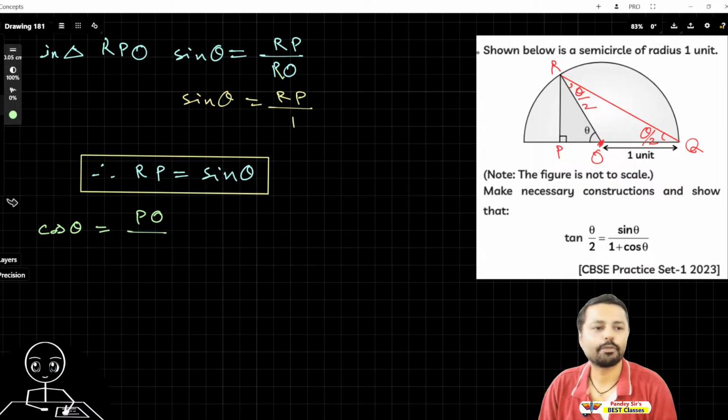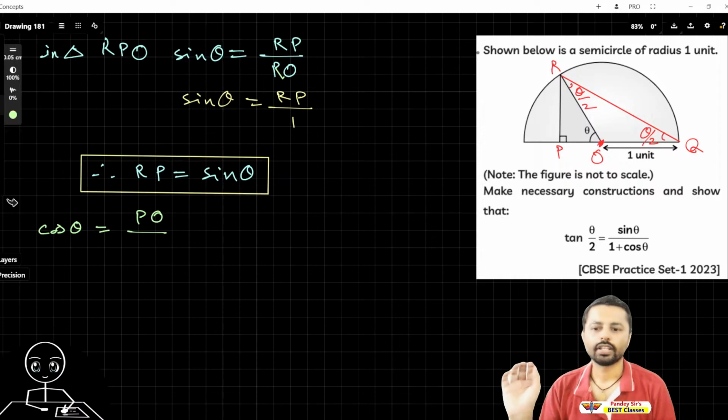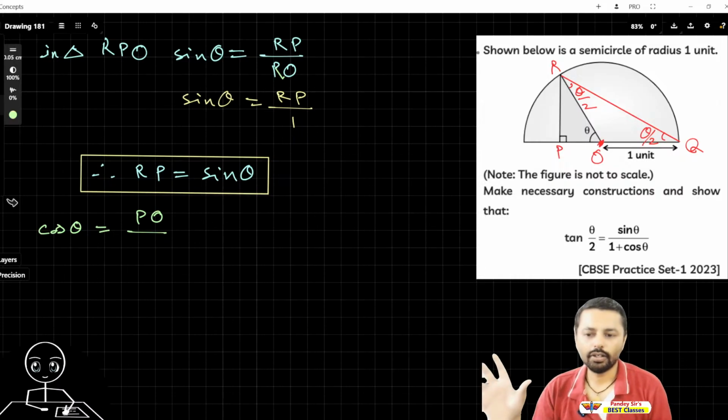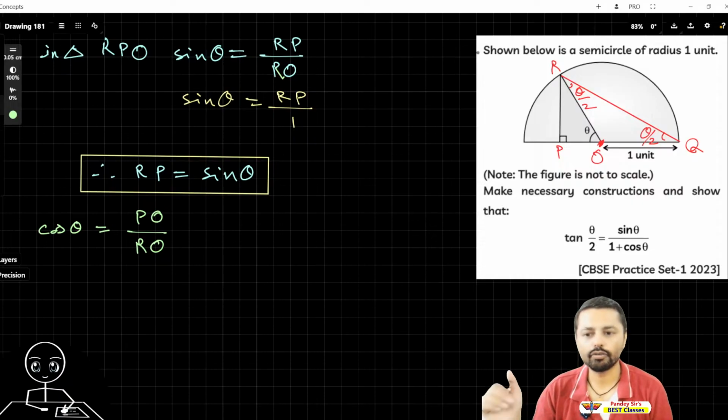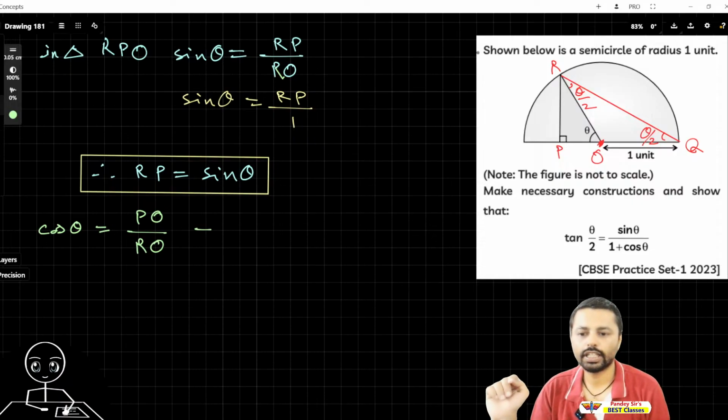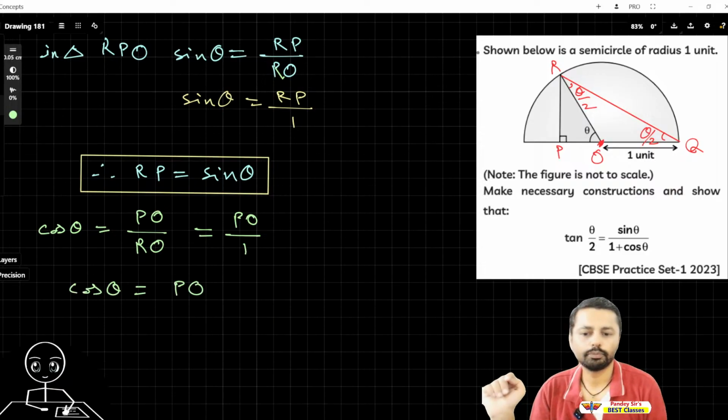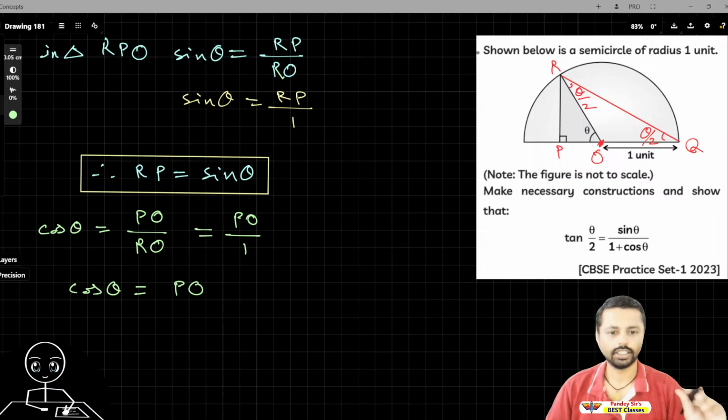The hypotenuse is RO. Yeah, I do make mistakes sometimes. PO by RO, and RO value is 1. So that's equal to PO by 1. So cos theta equals just PO. If this is clear, then we'll carry on to the next one.